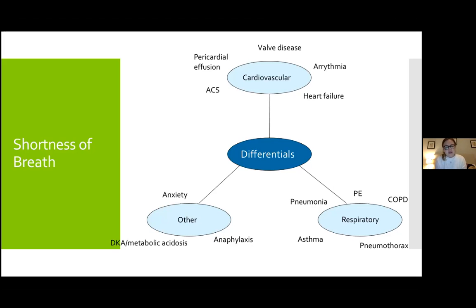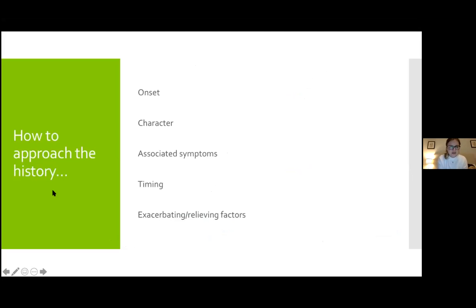And other ones like anxiety, anaphylaxis, and DKA, or metabolic acidosis, which you get in a DKA, can cause shortness of breath. So how to approach the history? You can use a Socrates type thing again, but obviously you don't need your site or your radiation.